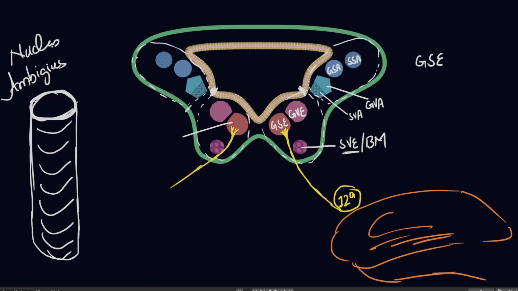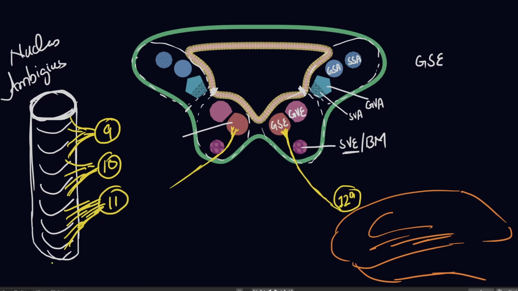Of course it is a special visceral efferent type of nucleus, and it is supplying the branchiomotor fibers to three nerves: the ninth cranial nerve, the 10th cranial nerve, and the cranial component of the 11th cranial nerve.